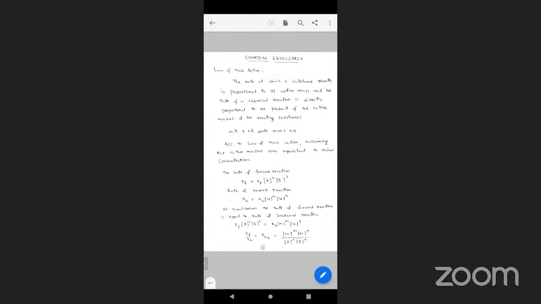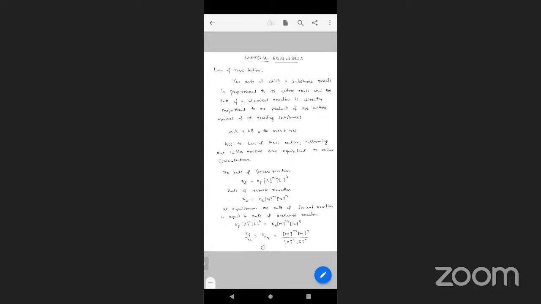So you know chemical reactions take place in both directions. Some reactions take place in one direction and some reactions take place in both directions; those are called reversible reactions, which means the forward step as well as the backward step takes place. We'll see examples later.